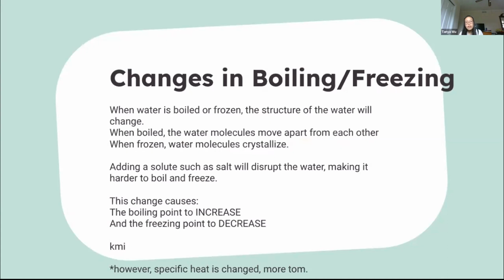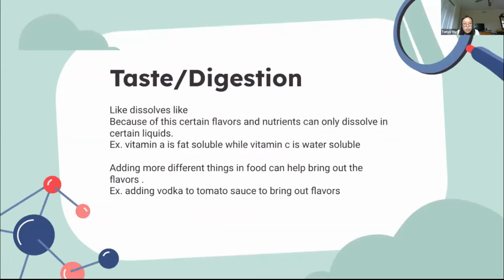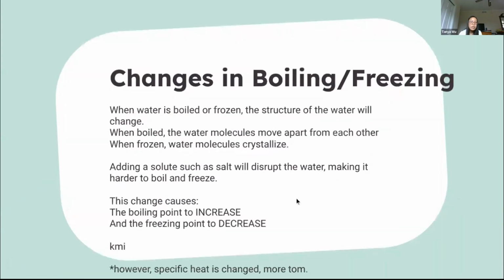So like in the diagram where the salt was being dissolved, it's no longer a salt crystal inside the water. It's all ions inside the water. So usually it'll be two for anything ionic.